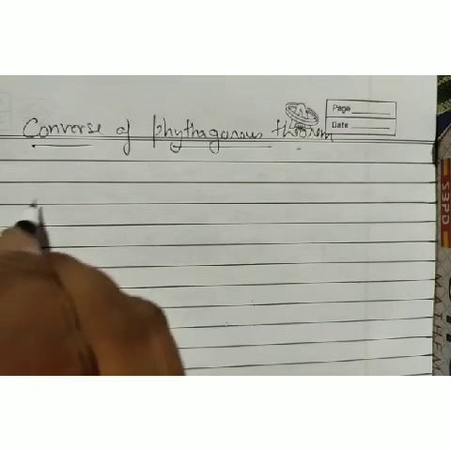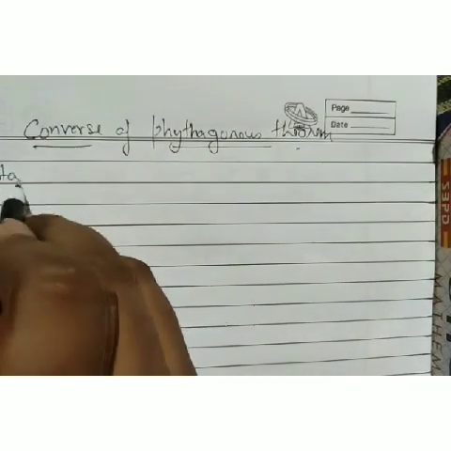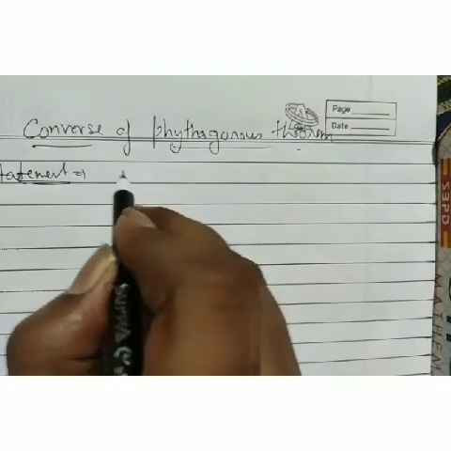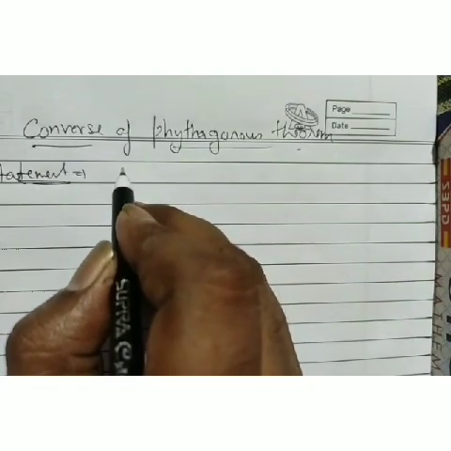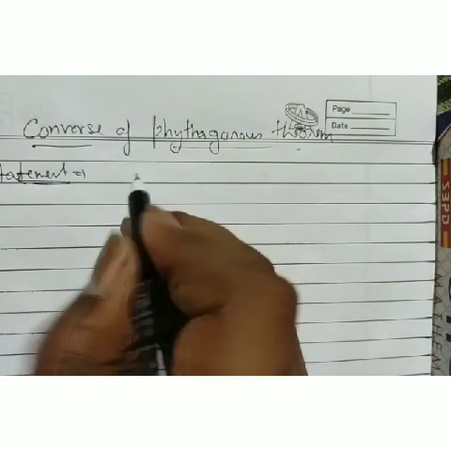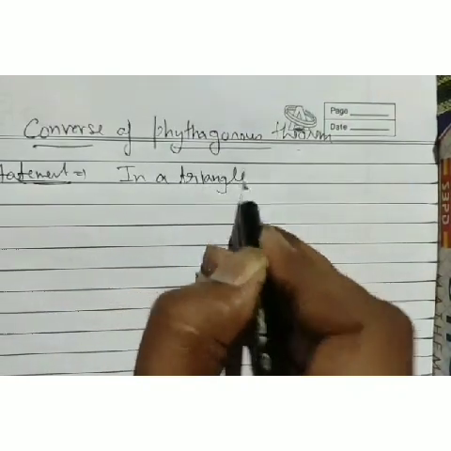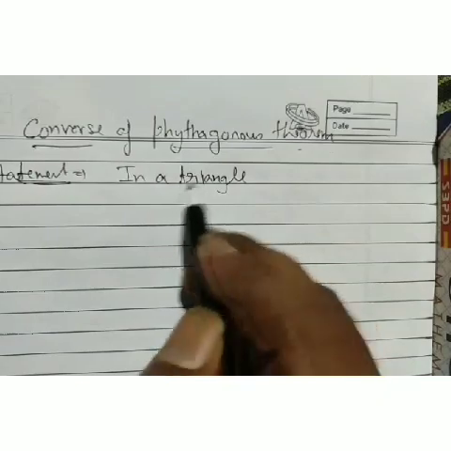Now look at the statement. In Pythagoras we start with a right angle triangle. Here we start with a triangle; we never use a right angle here.